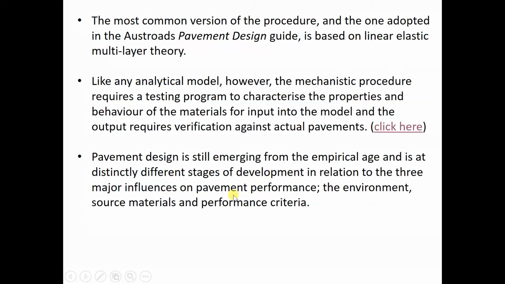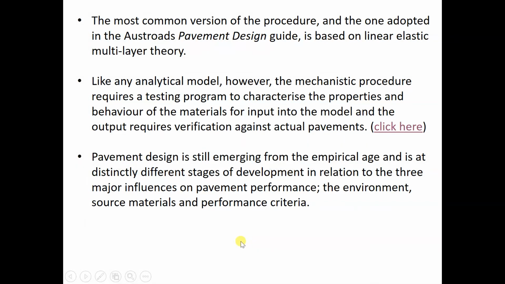So these are the three major influences. Now we have 40, at least 40 to 50 years with the mechanistic design. So actually the software is quite popular. I think it's much more popular now.